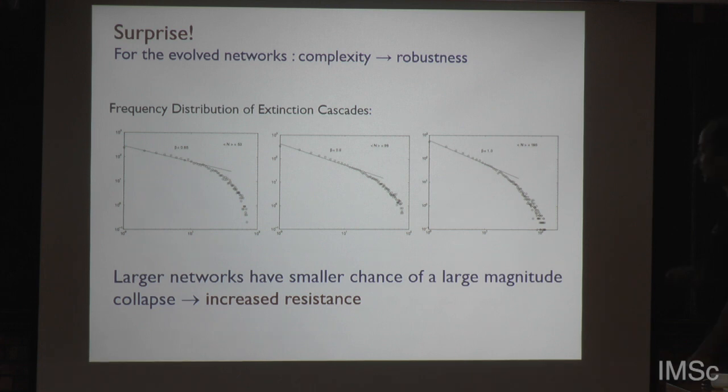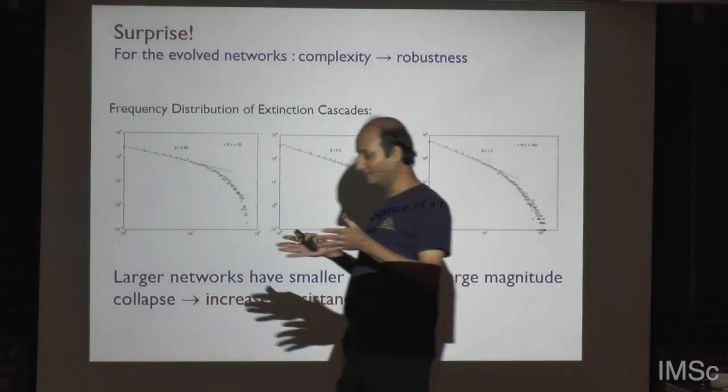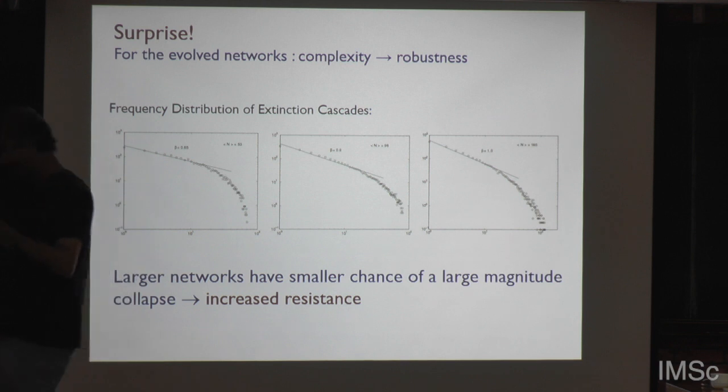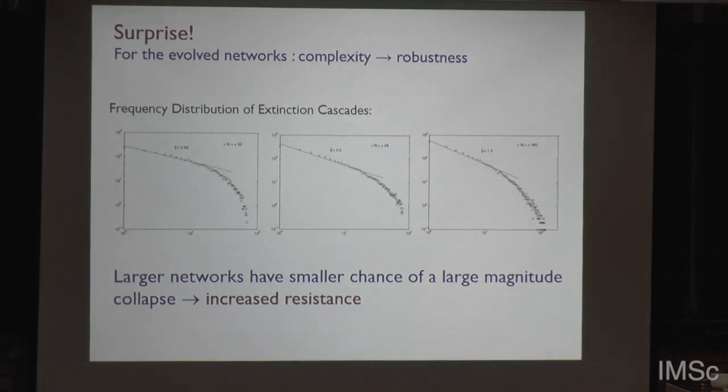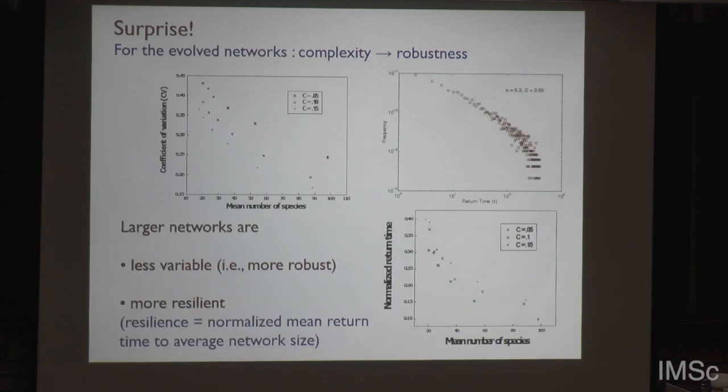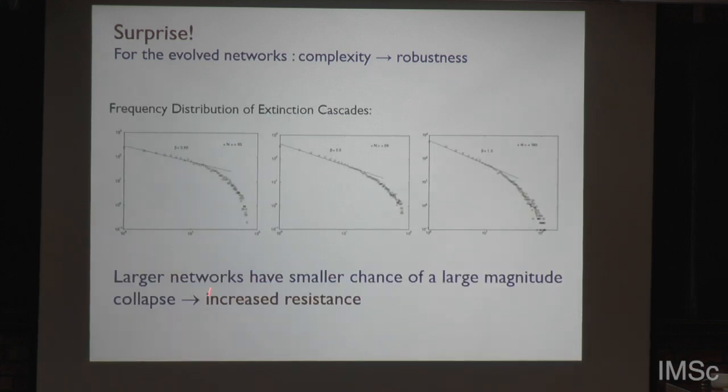So it turns out that starting from a framework which was pretty much the same as the one set by Robert May, namely we are looking at local stability, we seem to have somehow come up with networks which are less variable, which are more resilient, and which are more resistant. So in other words, they are robust from the point of view of field ecology.